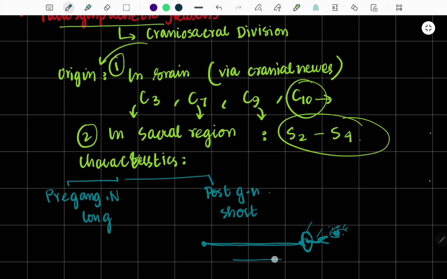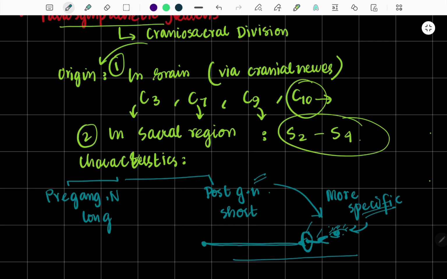So as you can see from this diagram, the response that is going to be produced would be more specific. Unlike the sympathetic neurons, the effect of the parasympathetic system would be more specific, more single-organ related. Because the postganglionic neurons are quite close to the effector organs, they would only produce a response within the effector organs.